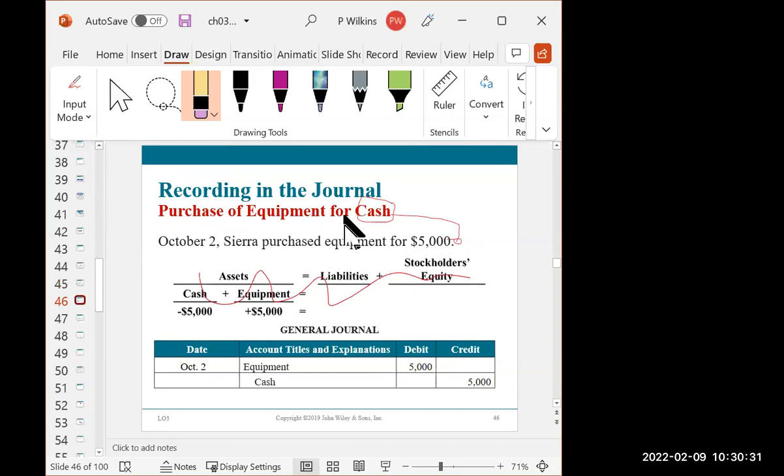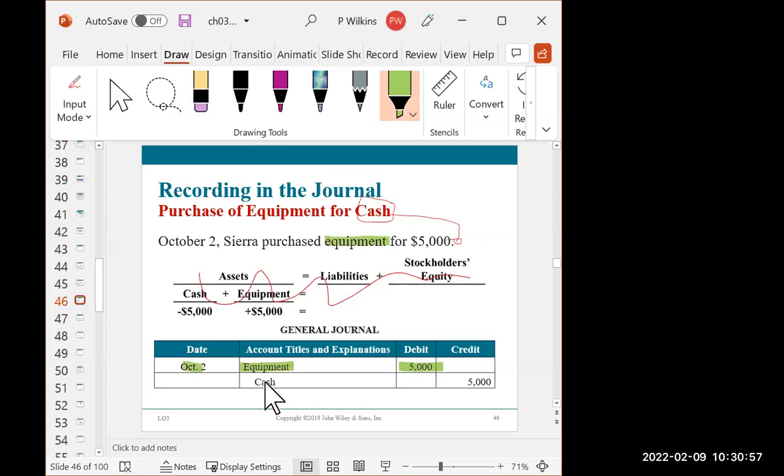This one says purchase equipment for cash up above. So who are we? We're Sierra Corporation. What did we get? We got equipment, right? Equipment is an asset. So in order to make it go up, we need to debit the asset equipment. So October 2nd, equipment, we're going to debit the asset $5,000.